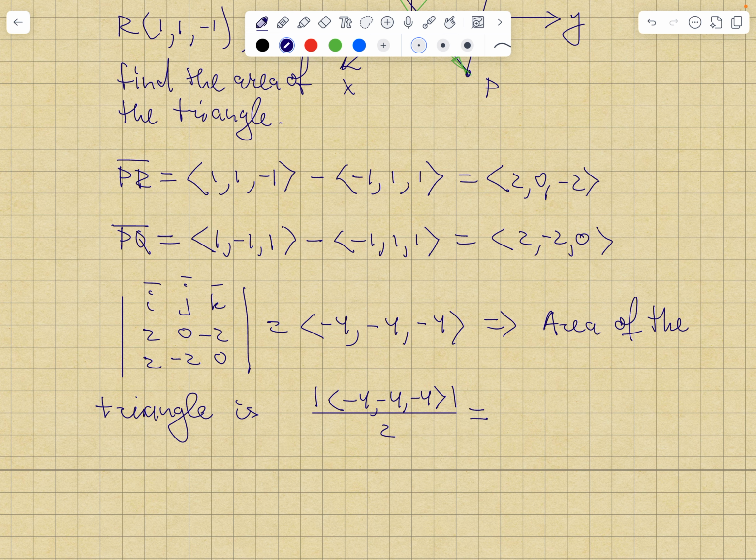And so this is 1/2 square root of 16 plus 16 plus 16.